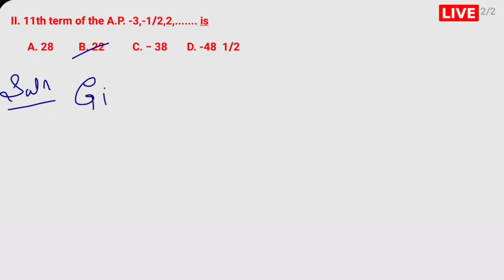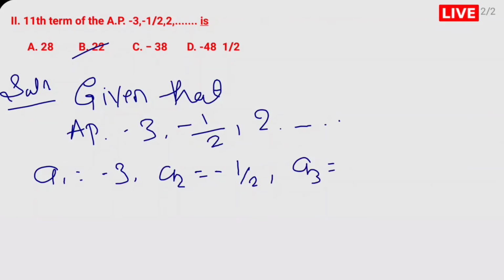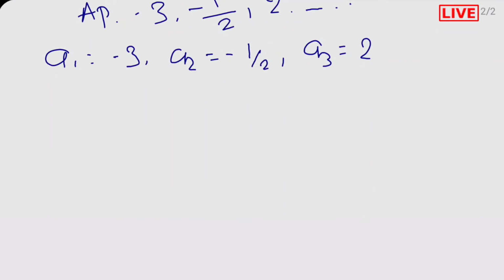Given that the AP is minus 3, minus 1 by 2, 2 and so on. So here the first term A1 is minus 3 and the second term A2 is minus 1 by 2 and A3 is 2. So here find the common difference.